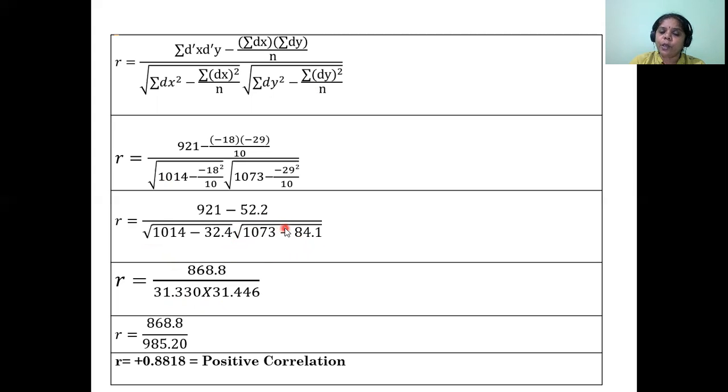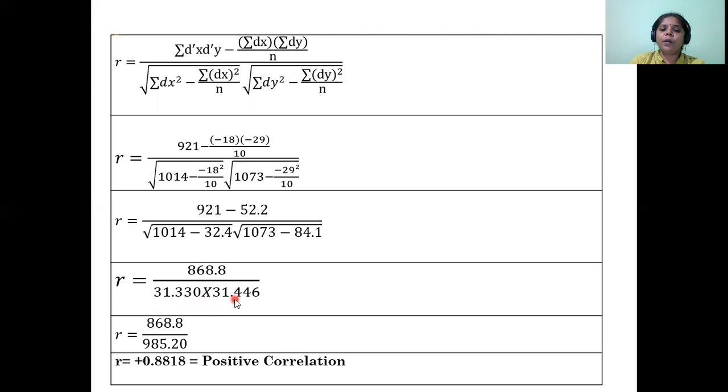If you take the root of that value, you will get 1.446. Okay, so now the next process is 868.8 divided by, if you multiply these two numbers, you will get the value of 985.20.